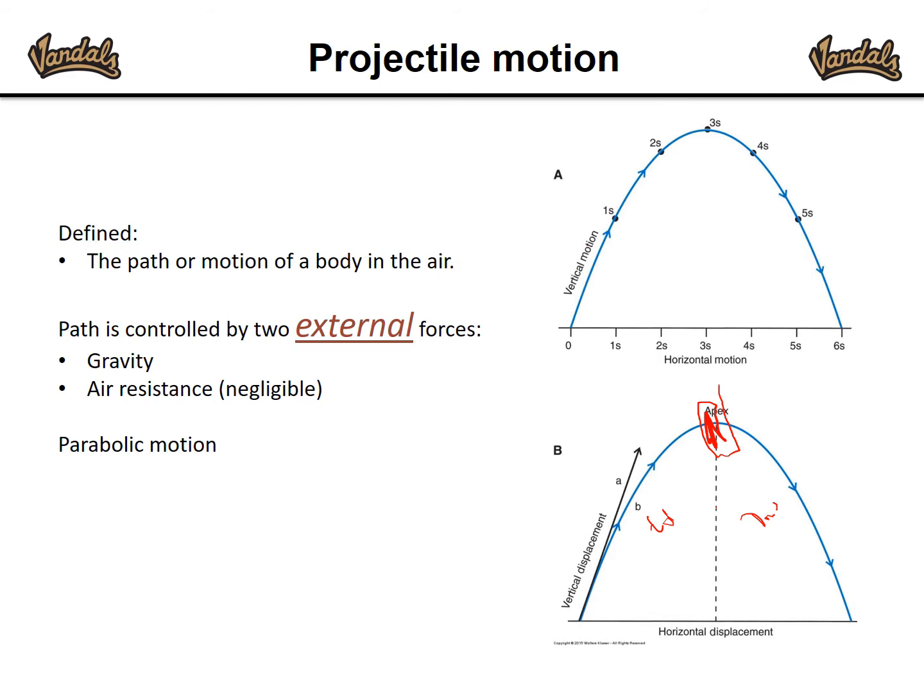If we leave from the same area of the ground and land on the same area of the ground, then we have an equal parabola, and T up equals T down. But you'll see here you have vertical displacement and horizontal displacement. We're going to talk about how to break up your initial velocity vector into the vertical and horizontal components.